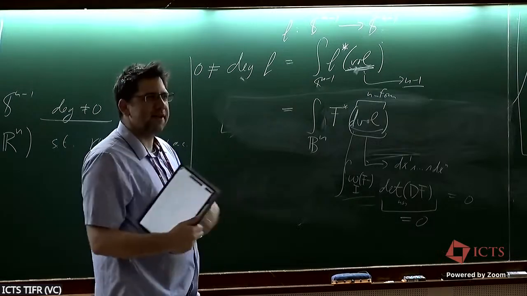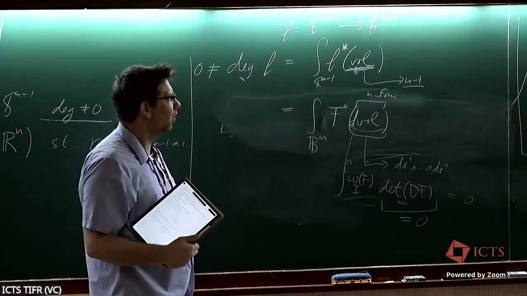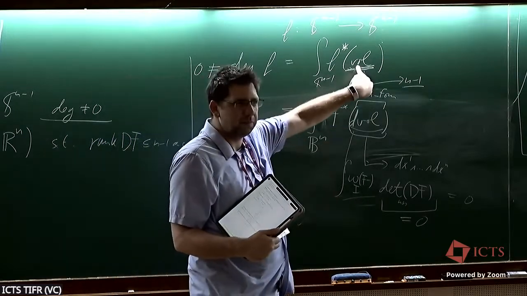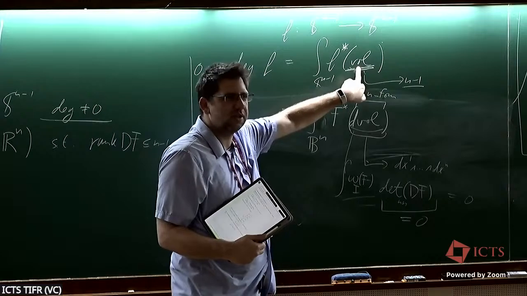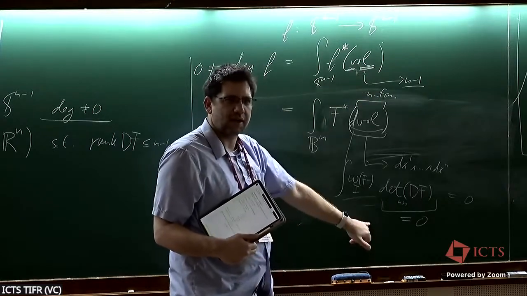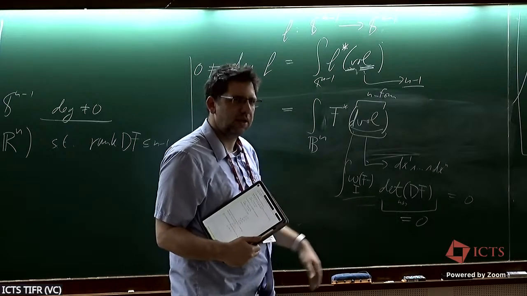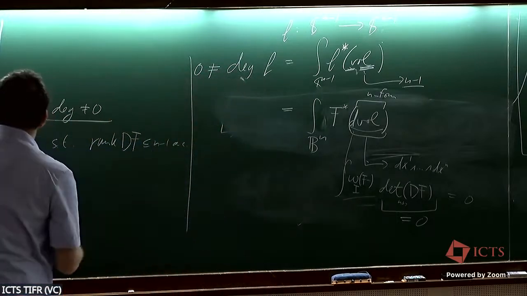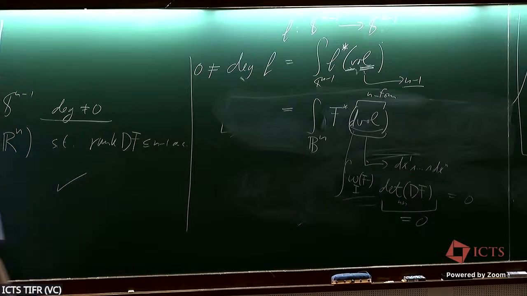Now, important observation, I mentioned this before, we don't care that this is the volume form. Any abstract nonsense n minus 1 form would lead to that argument. All right, so we have proved this theorem. And again, I'm not so sure how to prove this theorem without some explicit representation of the degree, right?